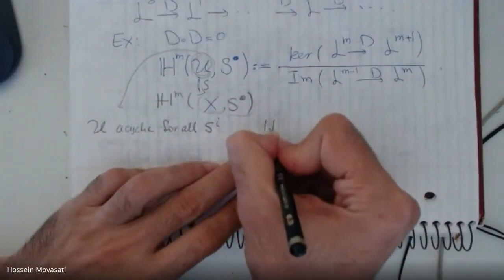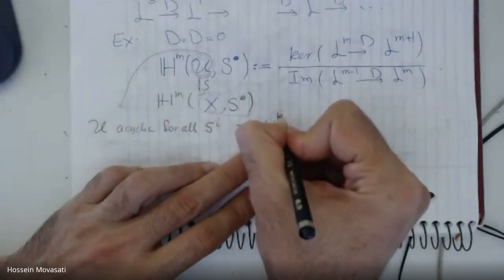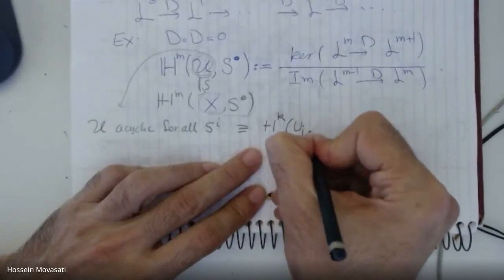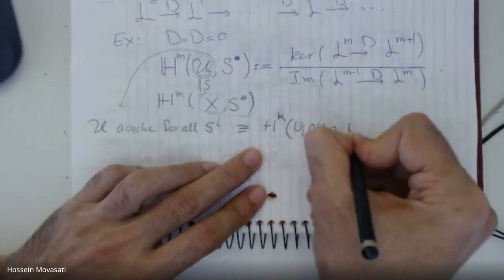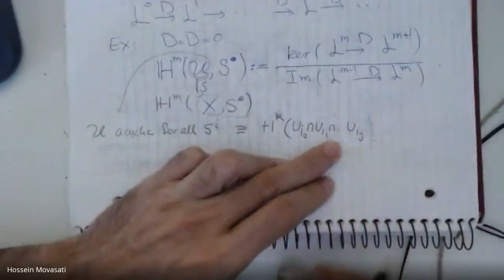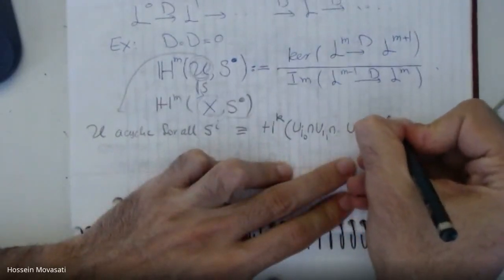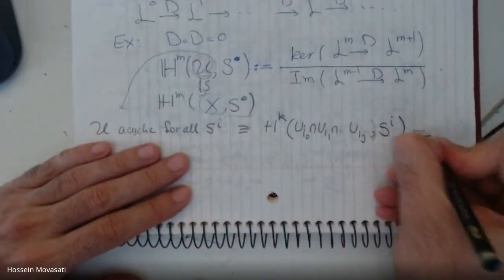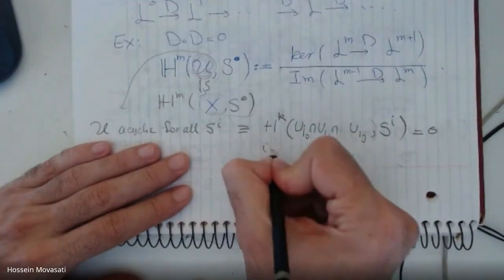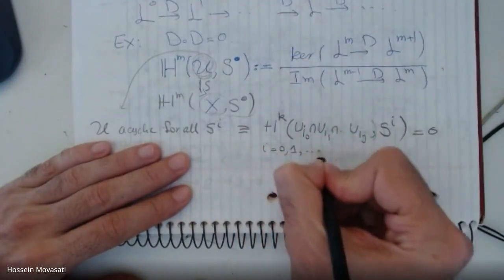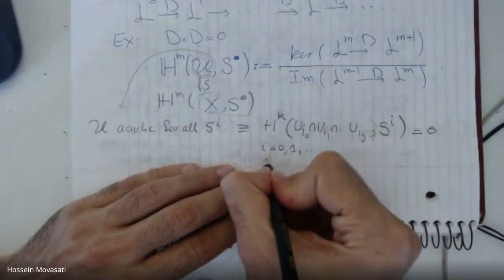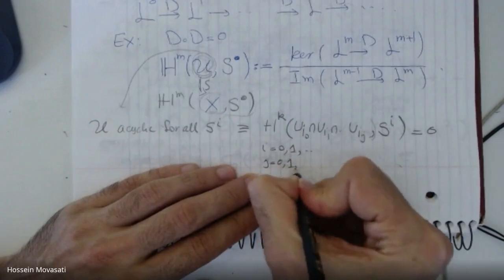This means that H^k of all the intersections U_{i0}, U_{i1}, ..., U_{ij}, with coefficients in this sheaf S^i, are all 0, for all the sheaves, and for all the intersections, j equal to 0, 1, 2.